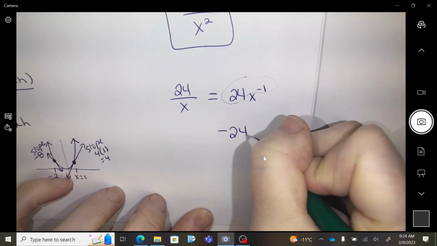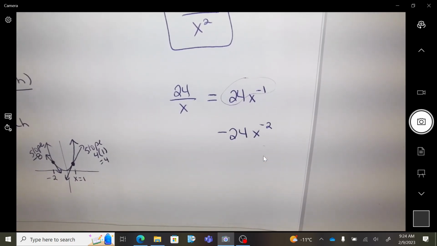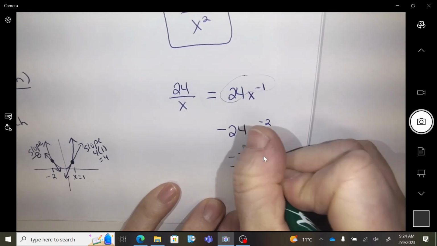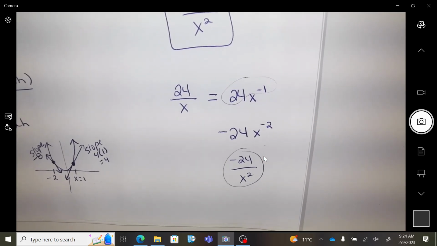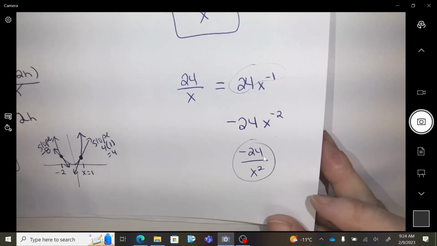Negative 24, and then go down. Times, and then go down. Does it match our answer? That's our slope equation. Anywhere you want to do a tangent line, that's your slope.